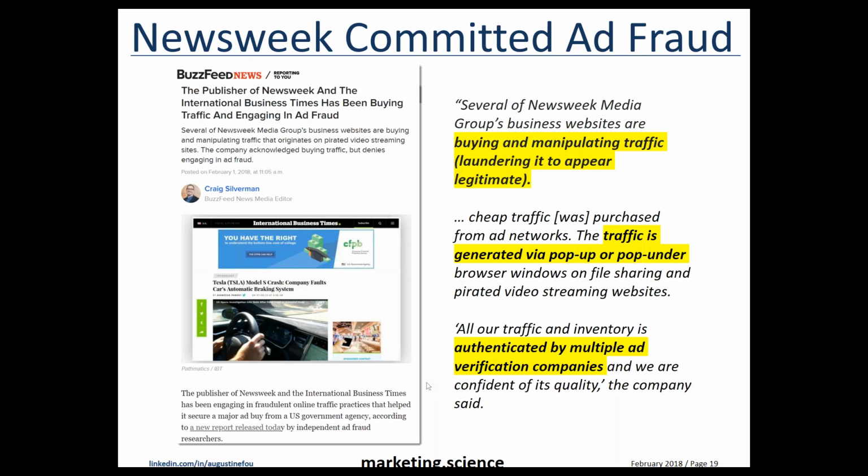But yet, it was still fake traffic because it was generated via pop-ups or pop-unders on unsavory websites. So again, just the fact that it's a big name publisher doesn't mean that they're not committing ad fraud. And in fact, they're using technology tools. They're buying traffic from traffic sellers that can get by the fraud detection.